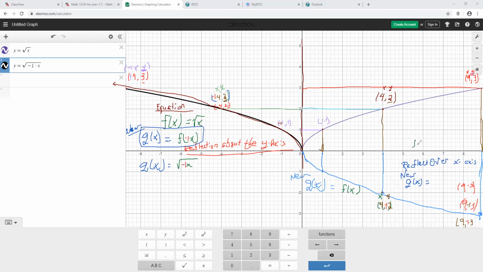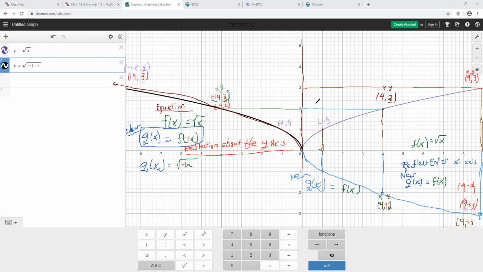And remember, all this was f of x equals square root of x, this original one up here. And so we take the original function, and what do we do, Griselda? What happens to the original function? What part changed? The x value, like it did on the reflection over the y-axis, we had to multiply the x value times -1, and that multiplication of -1 was inside the function next to the x variable.